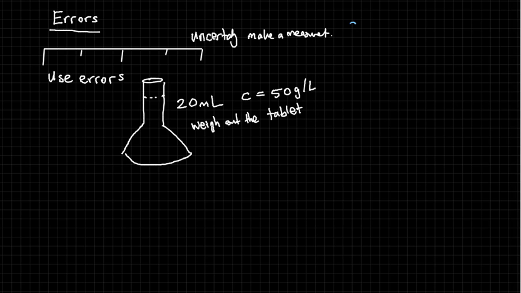So if I want to add or subtract errors, then I can use the absolute errors. So let's say I've got two numbers I'm adding and subtracting, which means that they're in the same dimensions.